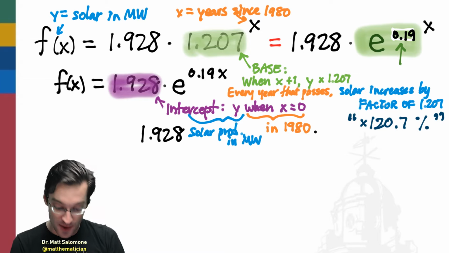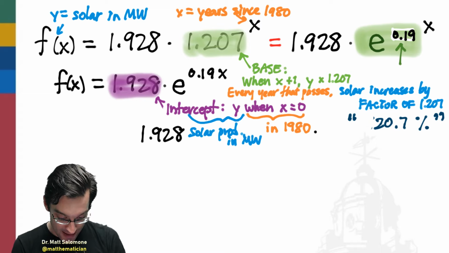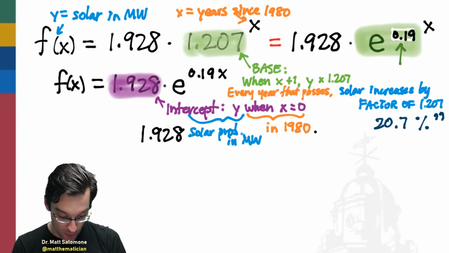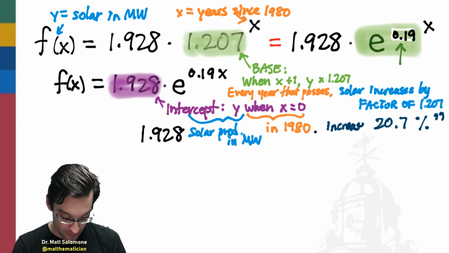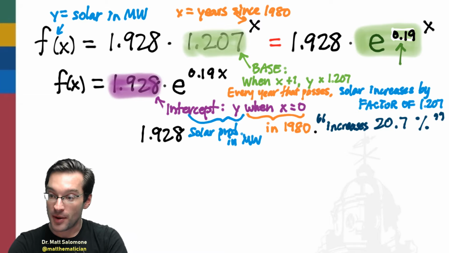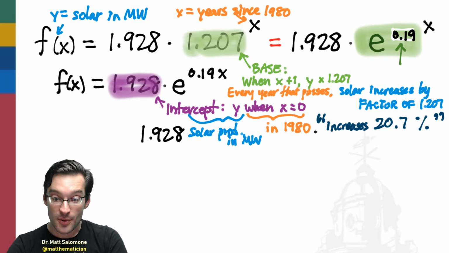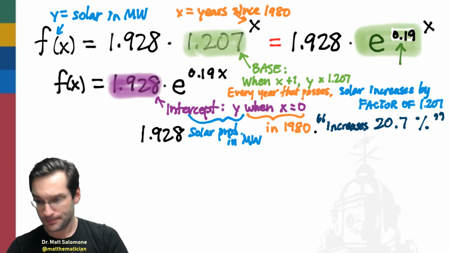But multiplying something by 120.7% is the same as adding 20.7%, so take that 100% away, to my original amount. And so this is usually how a multiplication change is reported in popular media. We'll say something like, every year that passes, the solar energy produced in the United States increases by 20.7%. That's what having a base of 1.207 actually communicates to us about this exponential relationship.